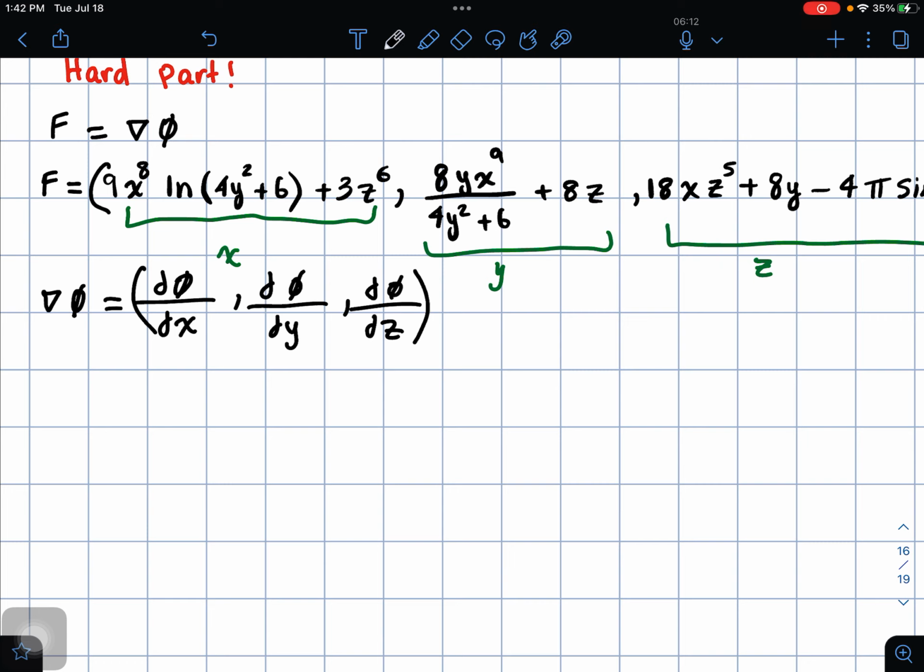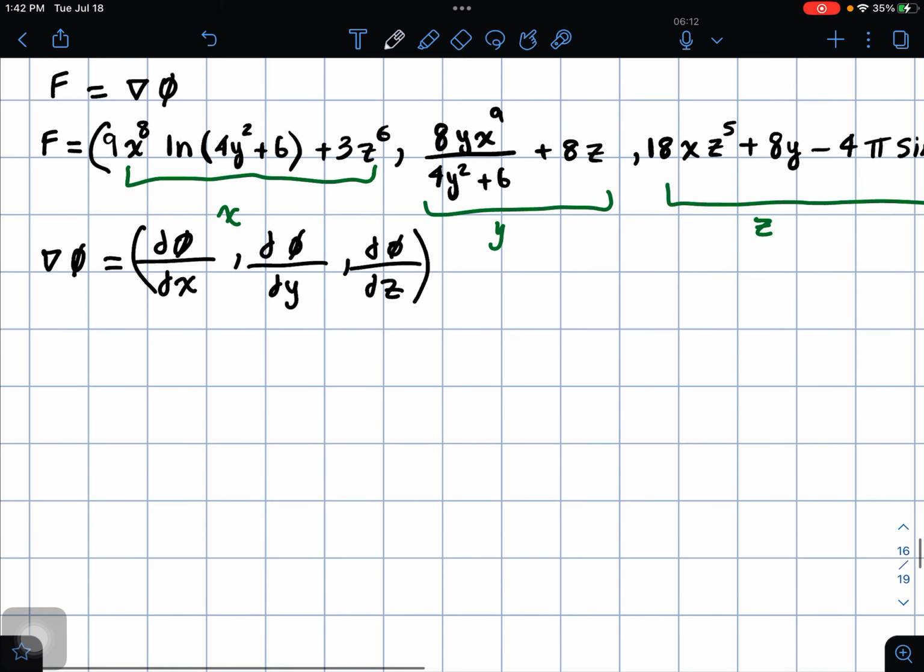And again, we said that here these two are equal to each other. So they're both coordinates, so what you can do is just equate the components. You see how these are equal, these are equal. So you just start off with this and set them equal to each other.